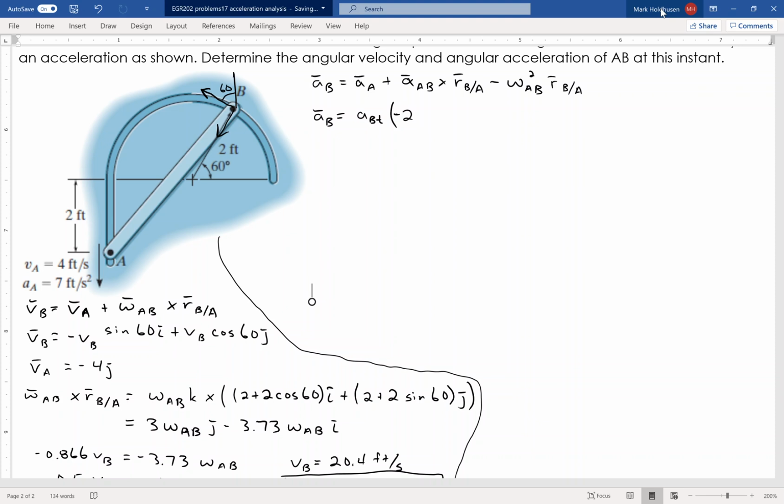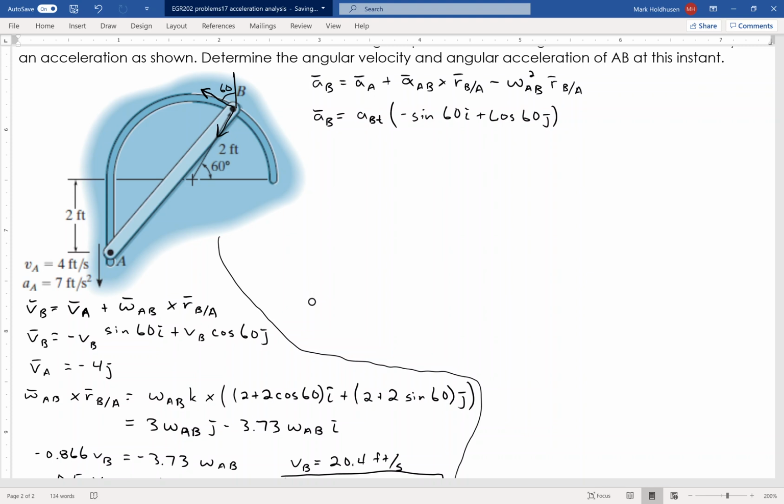I don't need to worry about the 2 because I don't need to find the alpha of that. If I wanted to find the alpha of it, I'd need that in there. So it's just going to be a_B times negative sine 60 in the i, plus cosine 60 in the j, just like I had with the velocity in the previous part of the problem that I was working on.